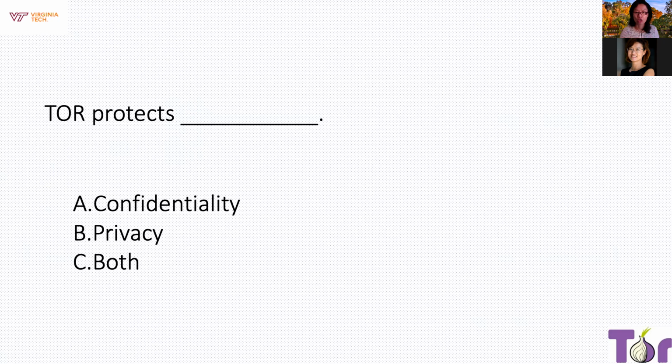If I'm off campus, I have to log on to the VPN first. And so all my traffic routes to a gateway in Virginia Tech with the Virginia Tech IP address within the subnet, and therefore from the journal server's point of view, I'm using a campus machine. So this is VPN, and it's very, very useful.